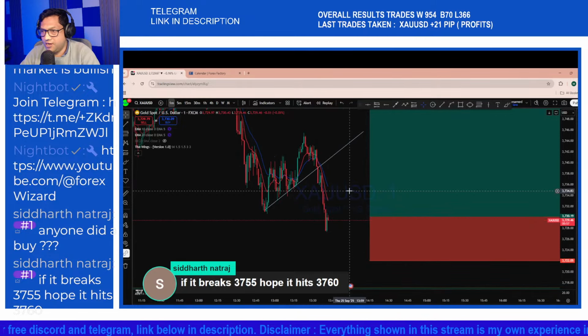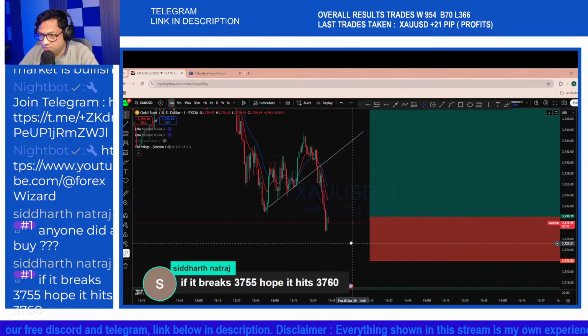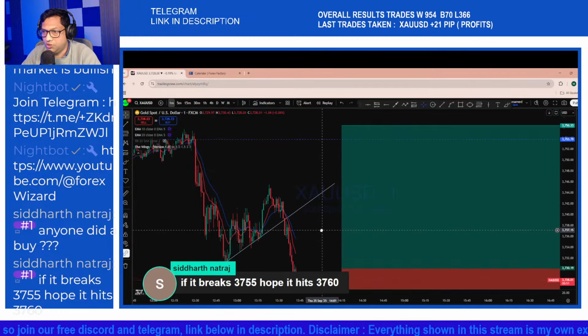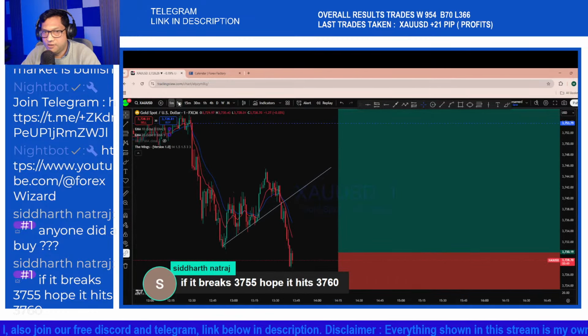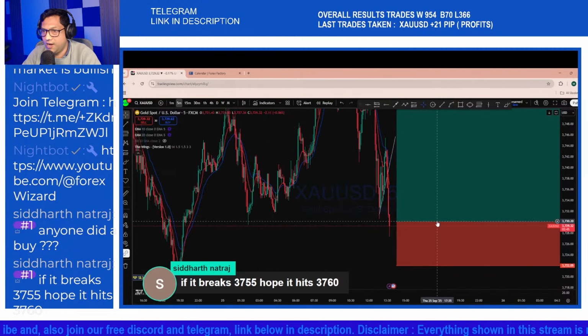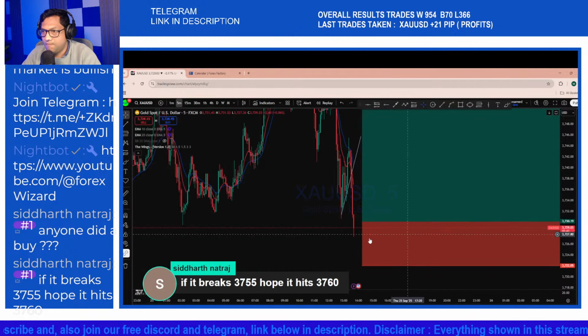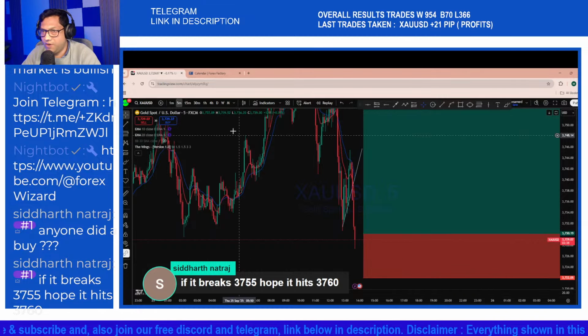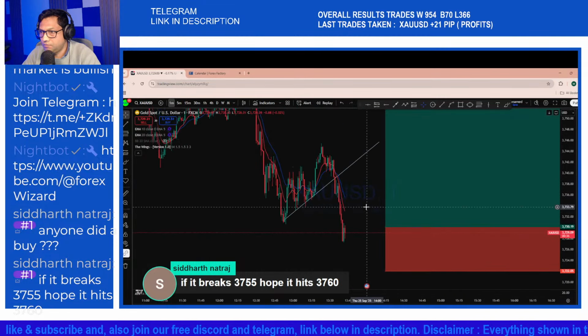If the market bounces off that level to the upside, in the major direction, we could see it go straight back up to the daily high. So I'm waiting for the market potentially to go back up to the daily high here, as there is a fair value gap in this area.